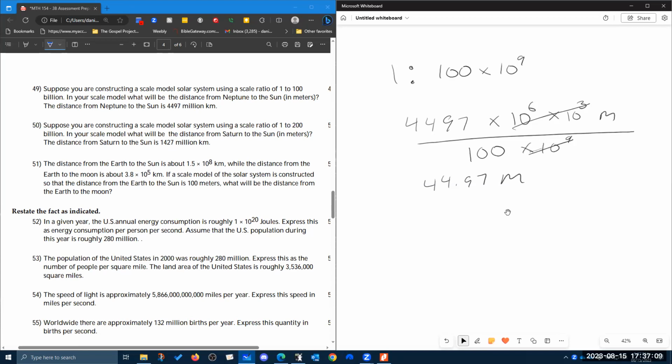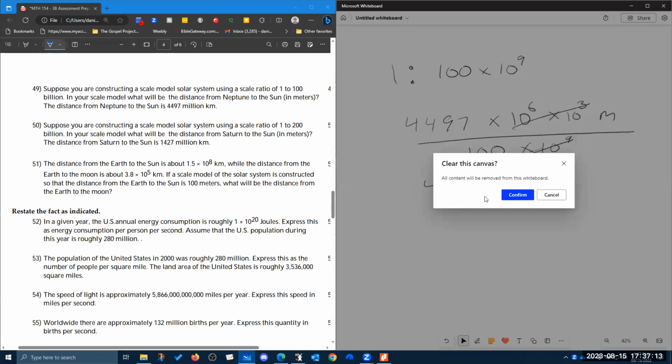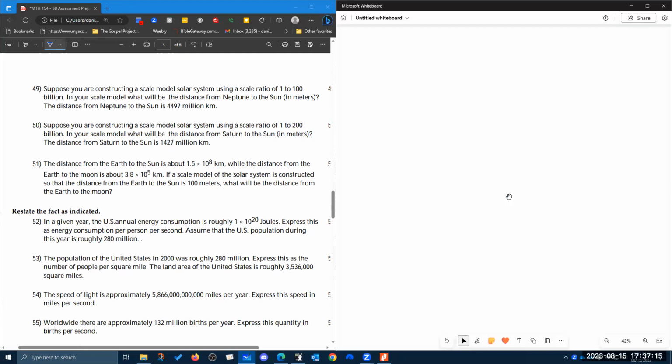And now we're on to number 50. Suppose you're constructing the scale model of the solar system, the ratio of 1 to 200 billion. 200 billion is that. Scale model of distance from Saturn to the sun in meters when its distance is 27 million kilometers.